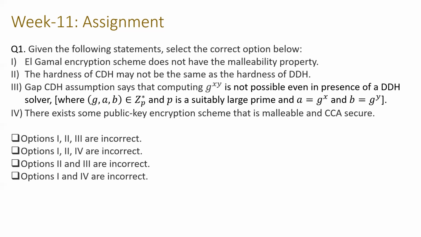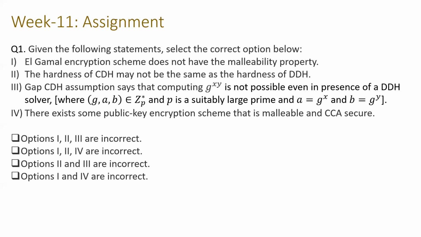What the CDH assumption says is that an adversary is given A comma B, where A is g to the power x and B is g to the power y. Of course, x and y are not known to the adversary, but the adversary is provided with the values of A and B only, and the adversary has to come up with the correct value of g to the power xy. That is what the CDH problem says.